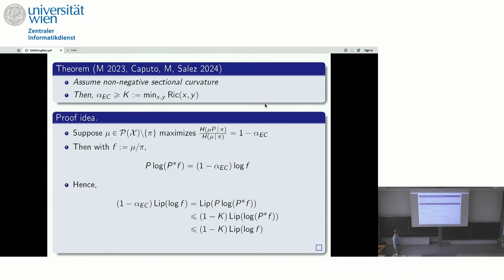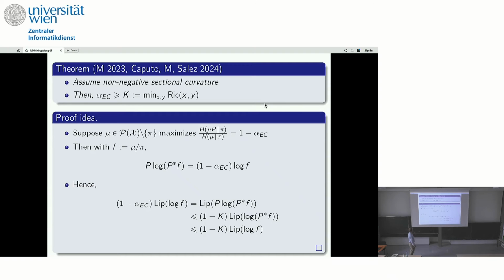And the proof idea is also not so hard. We assume we have some measure mu which attains this entropy contraction rate. Then we use a variational principle to characterize this, and we just look at the Lipschitz constant of this.